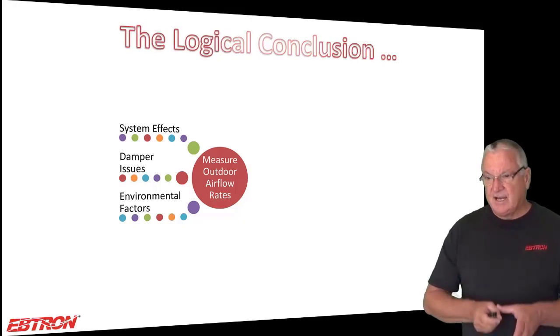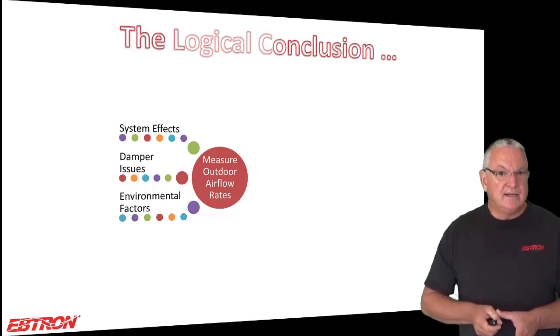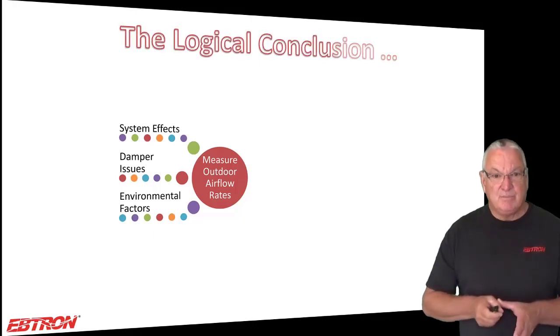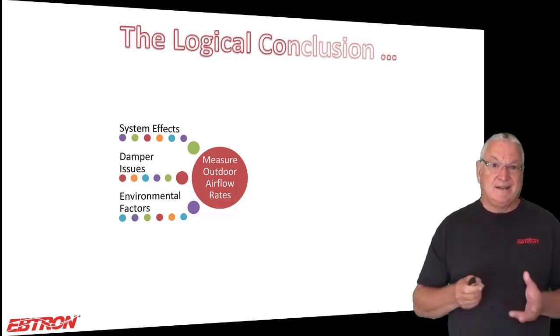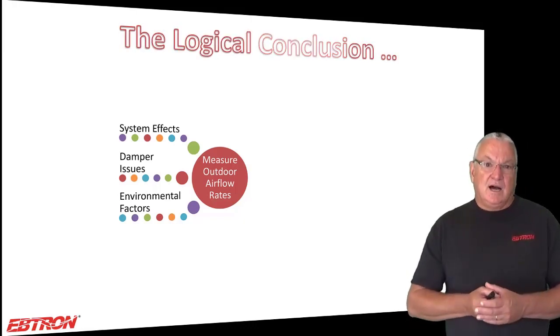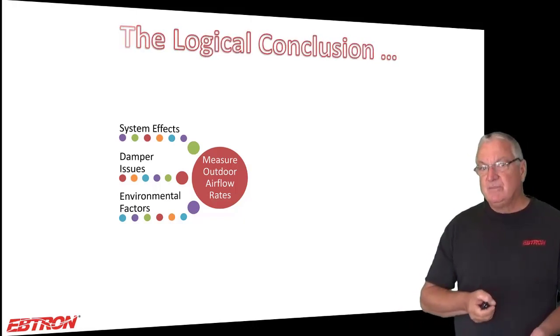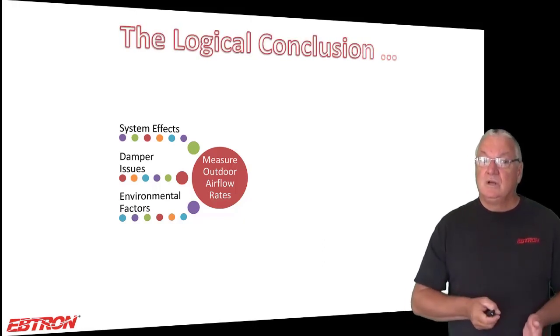I agree that high-level filtration is extremely important and needs to be there, particularly in our non-healthcare facilities where it's been kind of non-existent for years. We have to figure out how we're going to deal with that. We didn't talk about how the air is distributed within the ventilation zone, because that's extremely important too.